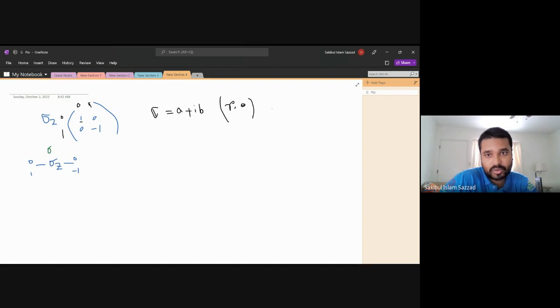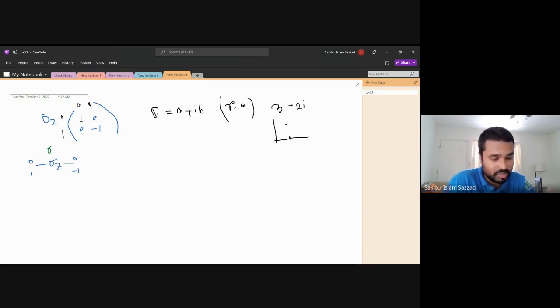Let's say I want to say 3 plus 2i, this is my complex number. How can I represent this? Typically, as this is 3, horizontally it will get 3, vertically it will get 2. But this is real space.